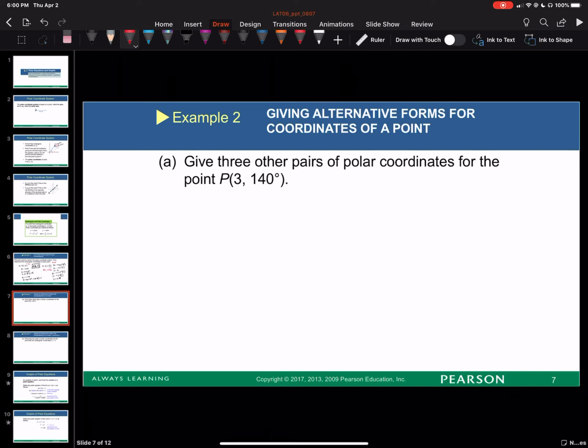All right, let's look at this. So it says give 3 other pairs of polar coordinates for point P, 140 degrees. So let's look at something. The first thing we want to do is draw this out.